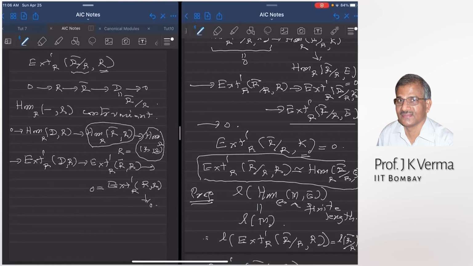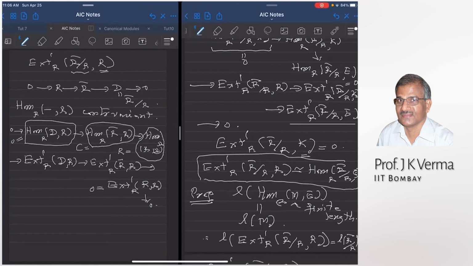I will have to take an element in R and look at its multiplication map, but then that element has to multiply elements of R bar into R, right? What did you say? Conductor ideal. Exactly. That is the conductor. This is our conductor. And what about Hom(D, R)? D is R bar over R. The annihilator of R bar over R contains a non-zero divisor, so by the same reasoning, this is 0.